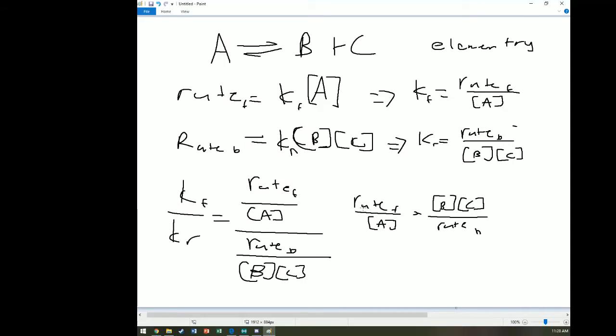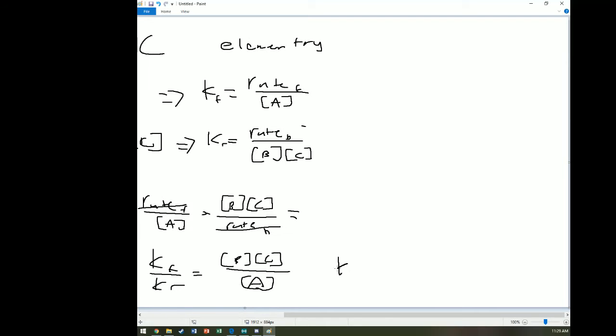Since at equilibrium the forward rate and the reverse rate are equal to each other, these cancel out, and we get that kf over kr equals B C over A. And we collectively call kf over kr, Kc, equals B C over A.